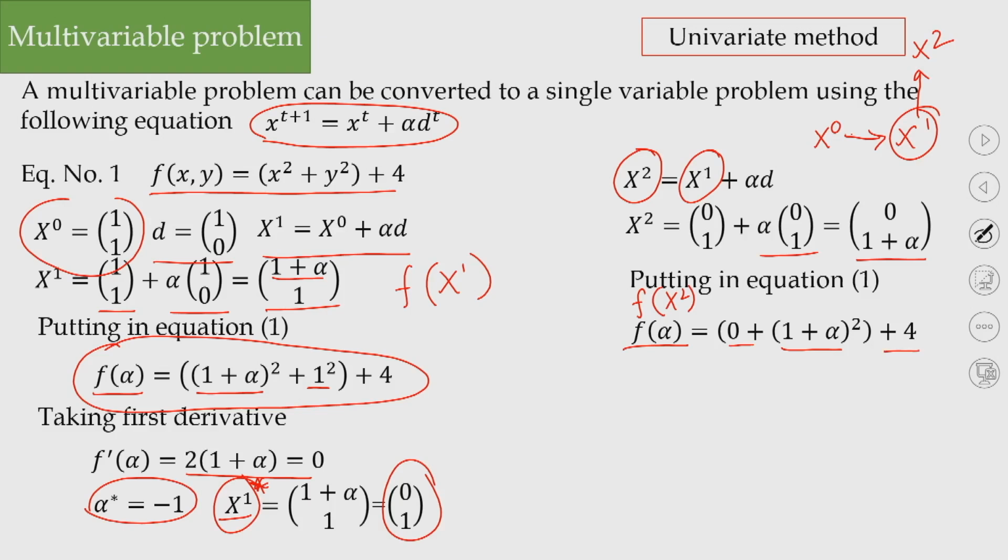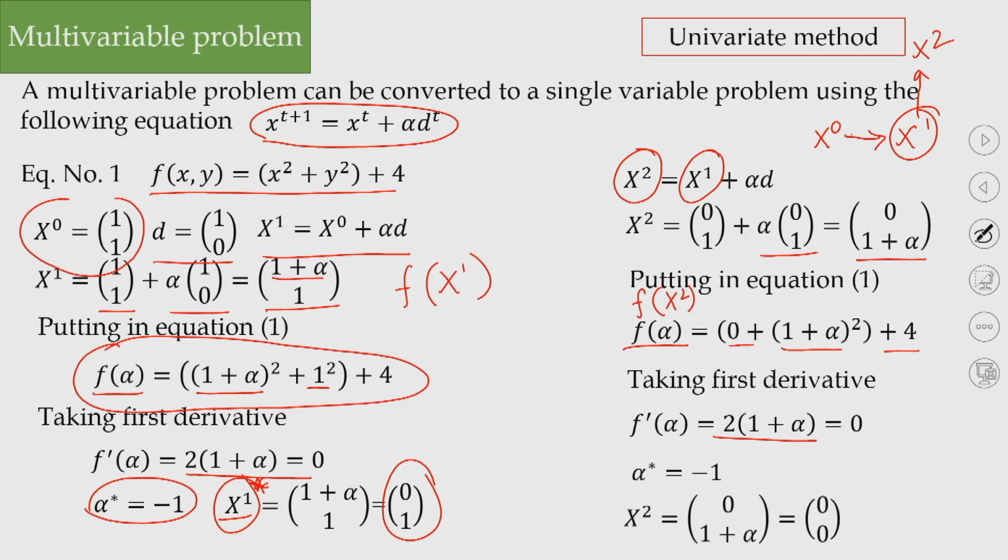Then to find the optimal value of alpha, I am again taking the first derivative, which is the necessary condition, and if I solve it, I get alpha star equal to minus 1. If I put the value of alpha star in x 2, I get (0, 0), and this is the optimal solution of this particular problem.